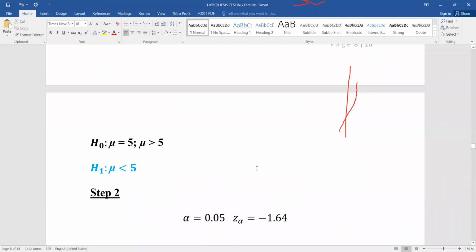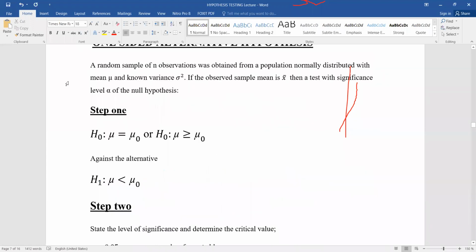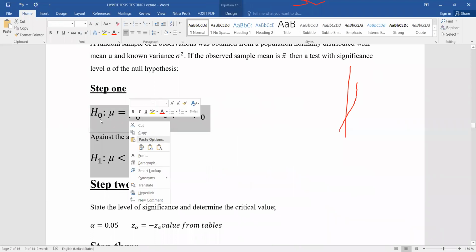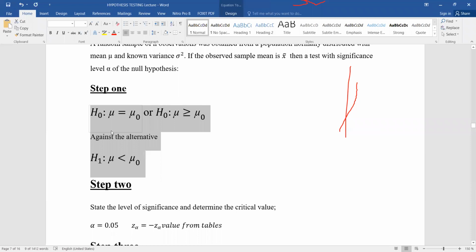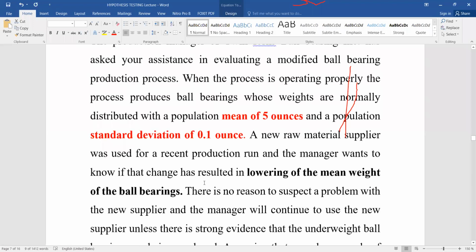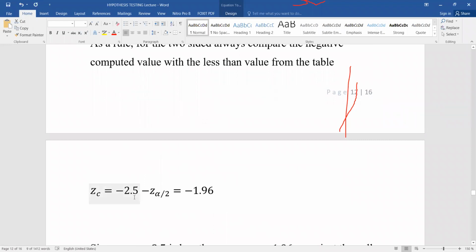It's the second one that we've used. So you'll put the first hearing, Z is equal to negative 2.5.